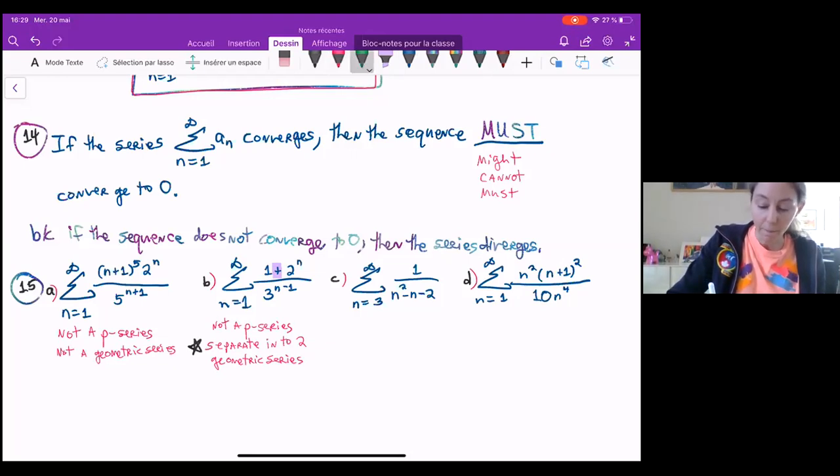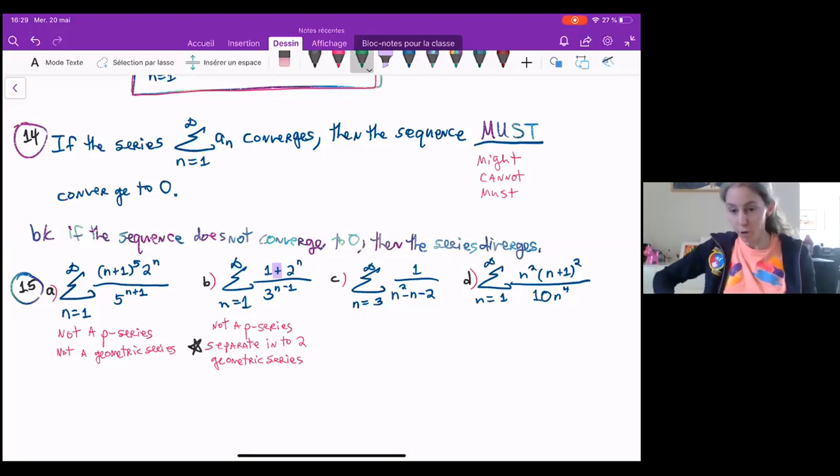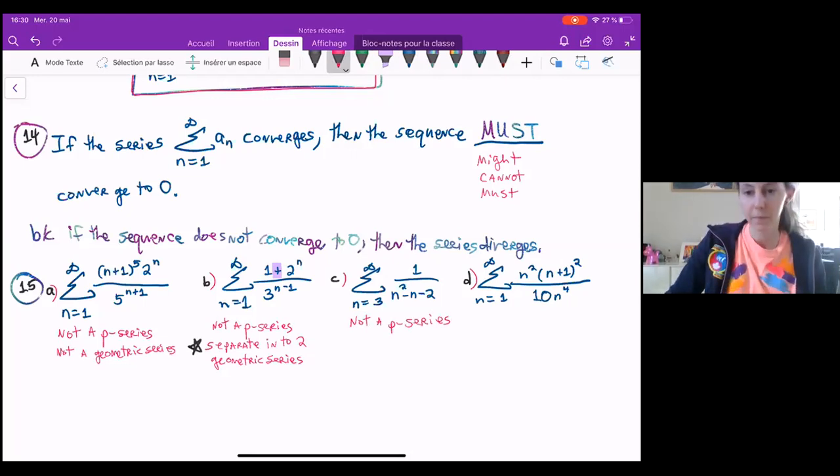I have minus n minus 2. 1 over n squared is a p-series. 1 over n is a p-series. 1 over n squared minus n minus 2 is not a p-series. It looks like a p-series, but it's got a full polynomial down there on the bottom. So this is not a p-series, and it's also not a geometric series.